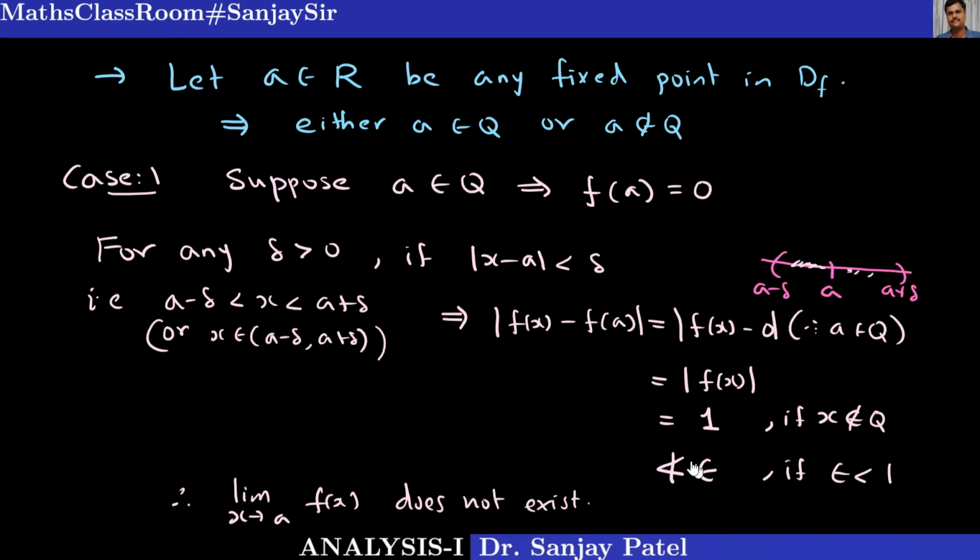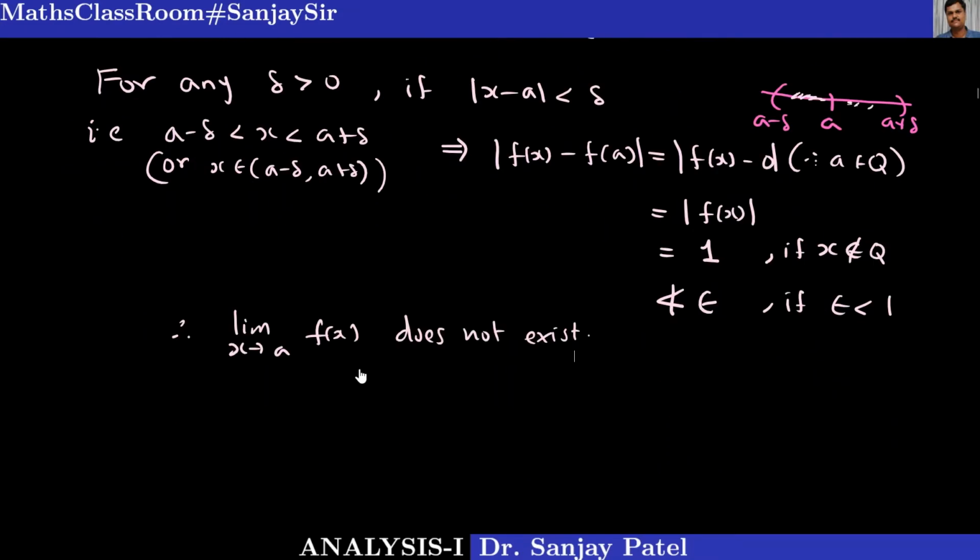So this limit does not exist, and this also tells something more, that the left limit as well as the right limit at the point a does not exist, because instead of taking the whole interval a minus delta to a plus delta, I can take only this part, a minus delta to a, and put it here. Then also I can explain in the same way that this limit does not exist.